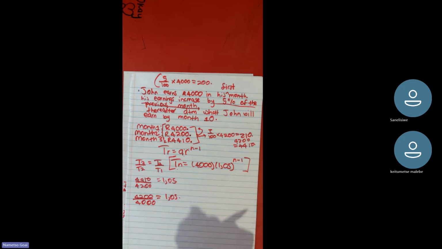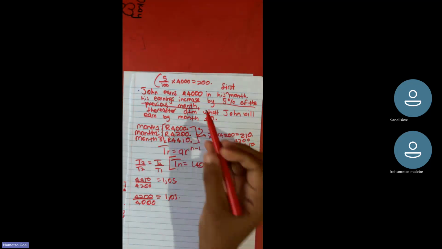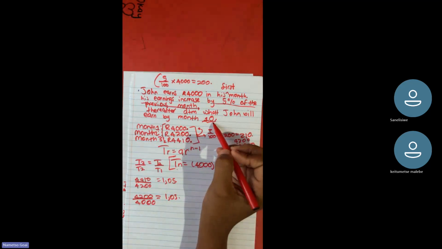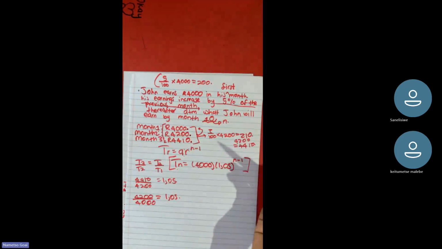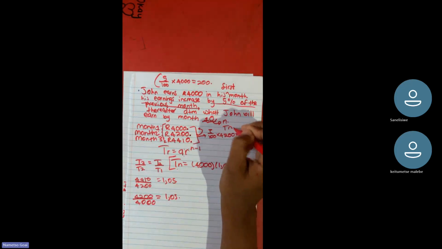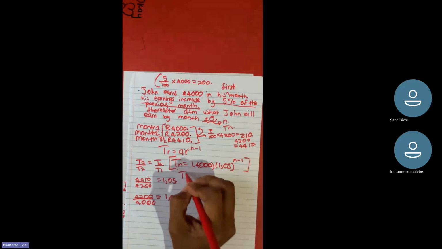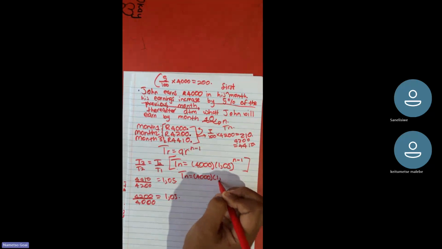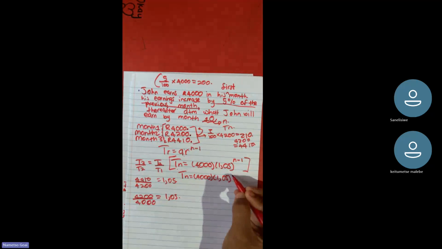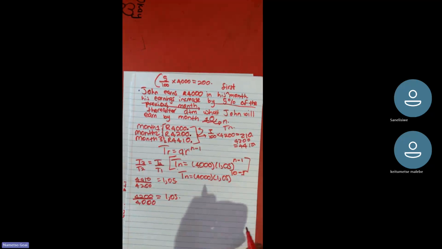So this is simple now at this point. If they gave us month 10, we know that this is our n. And if they want to know what John will be earning, they just want to know the Tn, right? So we're going to go Tn equals 4,000 times 1,05. What is our n? They said by month 10, right? So it's going to be n minus 1.